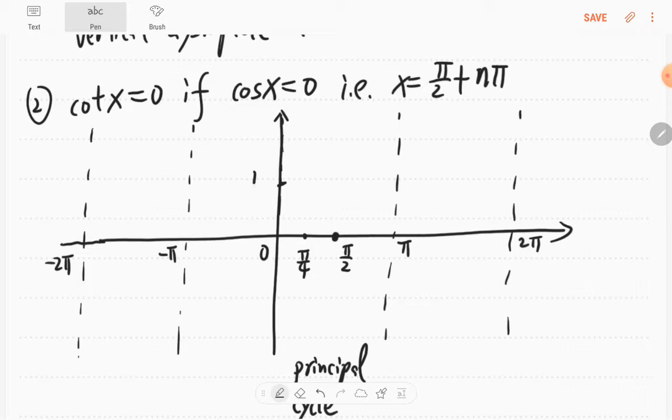So this is the 1, for example. And we have another halfway point between pi over 2 and pi. This would be 3 pi over 4. Cotangent 3 pi over 4 is also equal to negative 1. So it's here, right?